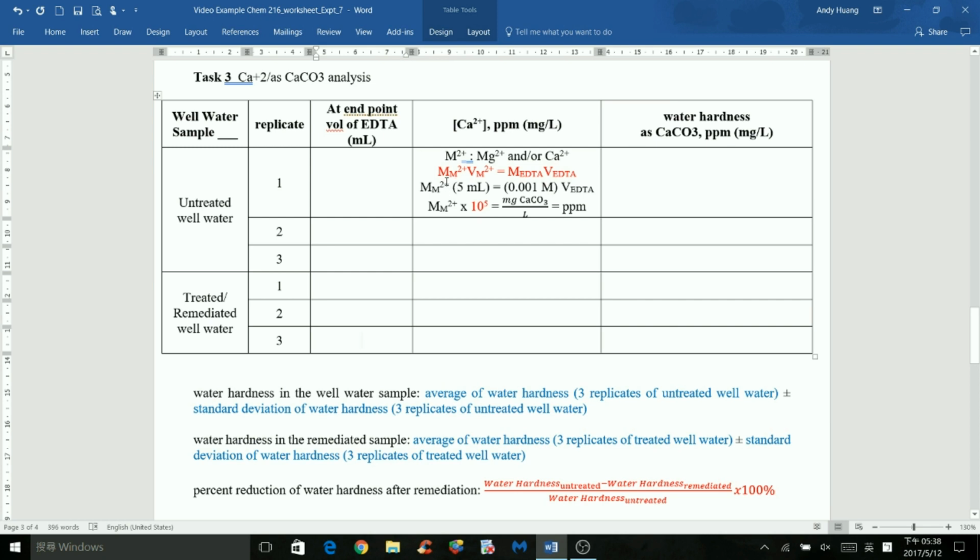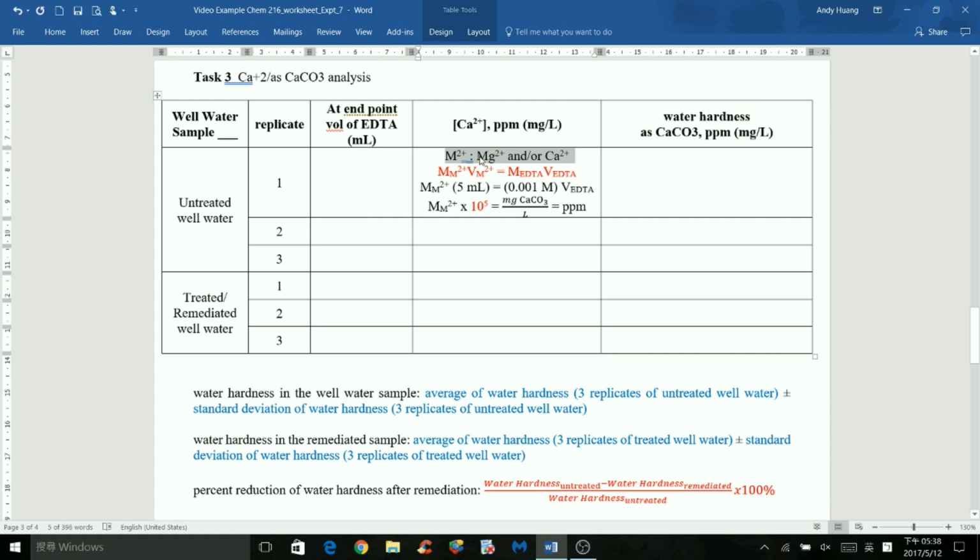So before we move on, actually EDTA will bind with magnesium 2+ and or calcium 2+. EDTA is not very specific, just for calcium, so just a little bit of background information.